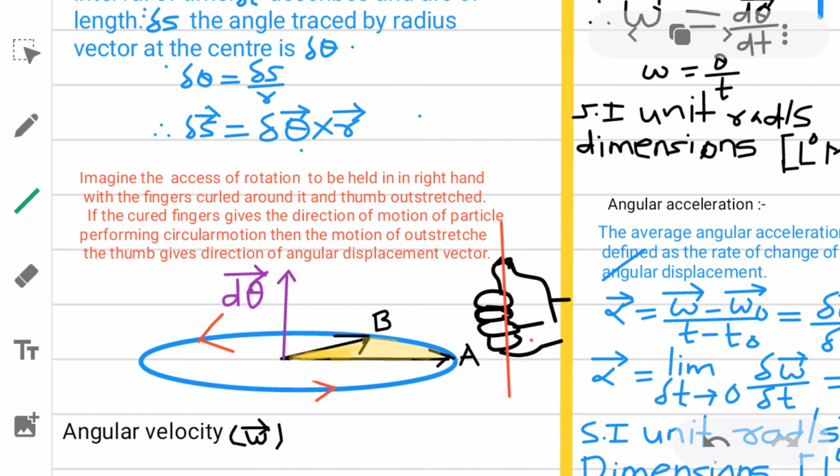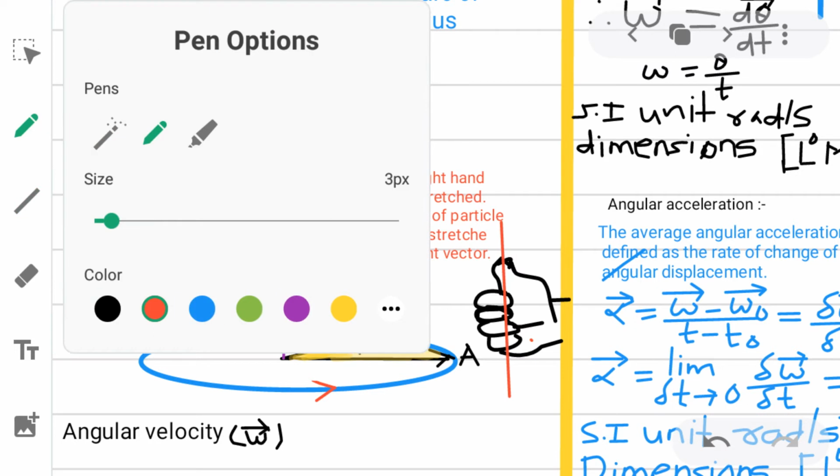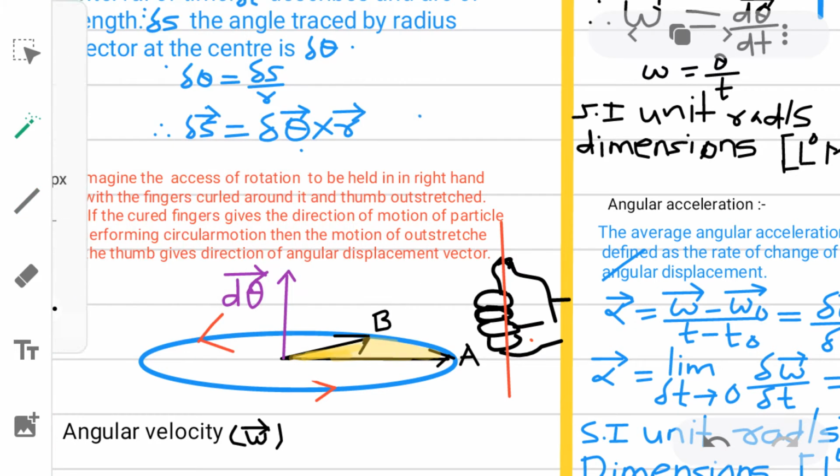The fingers curve in the direction of motion of the particle performing circular motion, and the outstretched thumb gives the direction of angular displacement. See here, these are the fingers and this is the outstretched thumb.